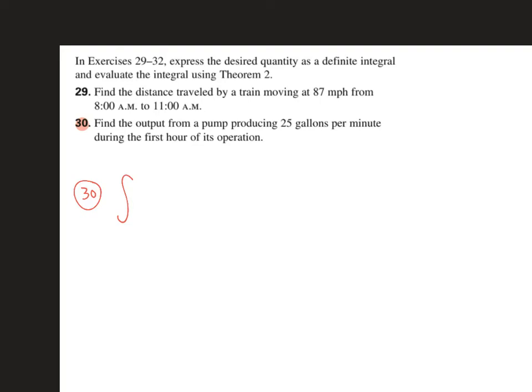The first hour would be from 0 to 1 maybe, but since this is in minutes, we need units to match. So we can interpret the first hour as the first 60 minutes. Put that as 60. And then the rate is a constant 25, and we'll just have a dx there.